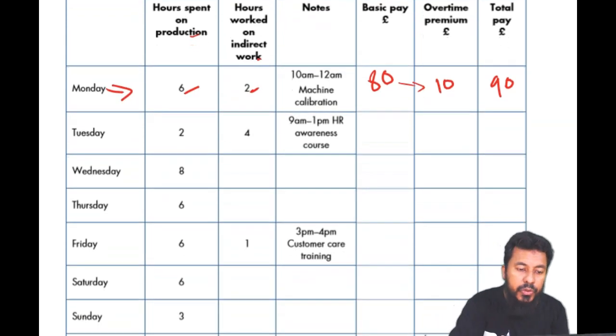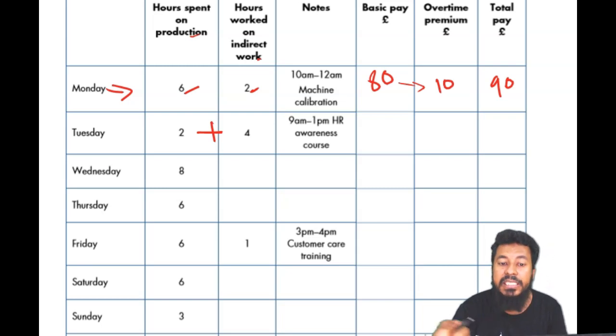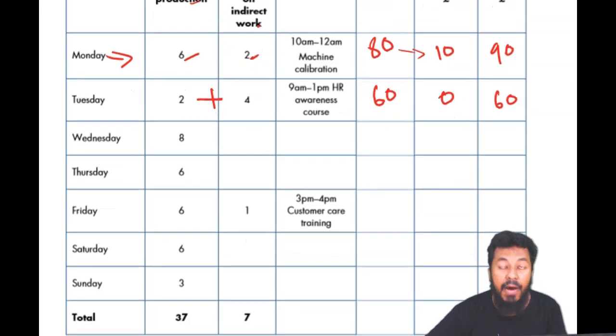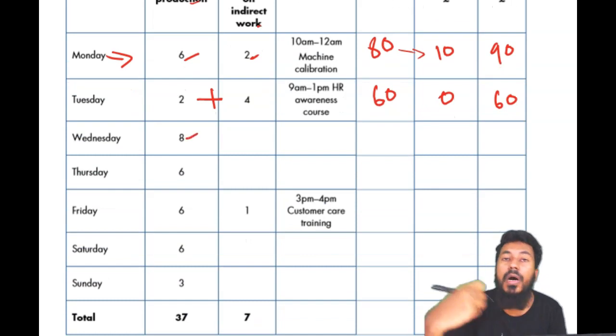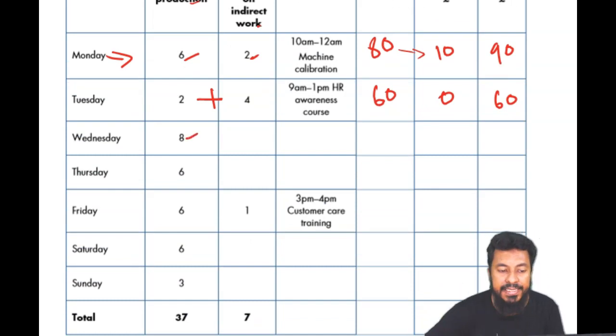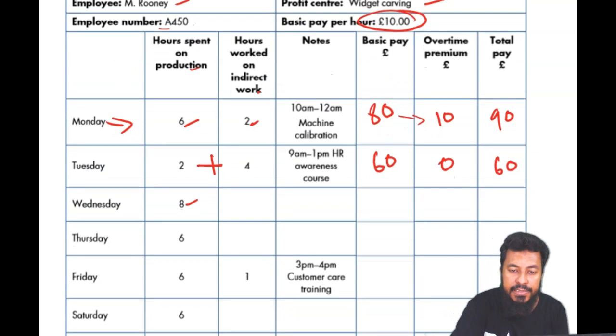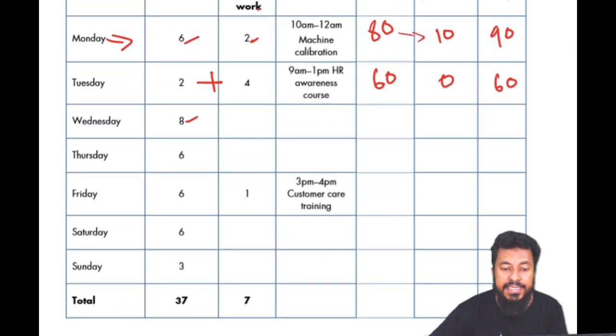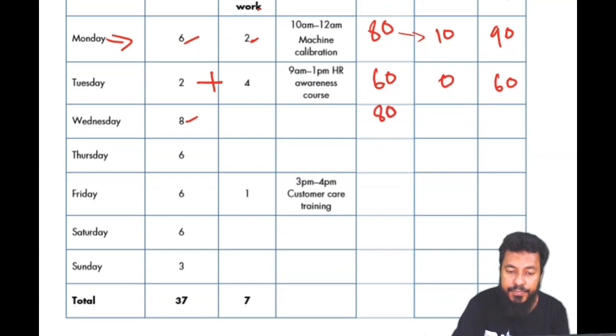Tuesday, 2 plus 4 equals 6. 6 times 10 is 60. There is no premium, so 60 is the answer. Wednesday, 8 hours worked, so 2 hours extra. The basic is 8 times 10, 80.